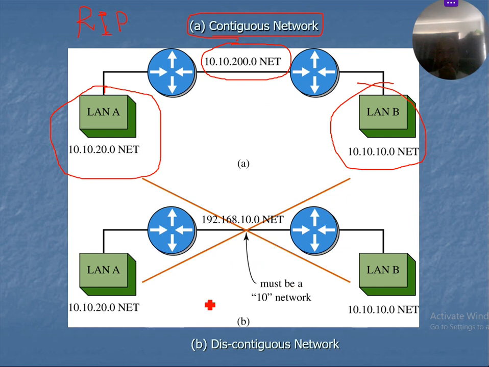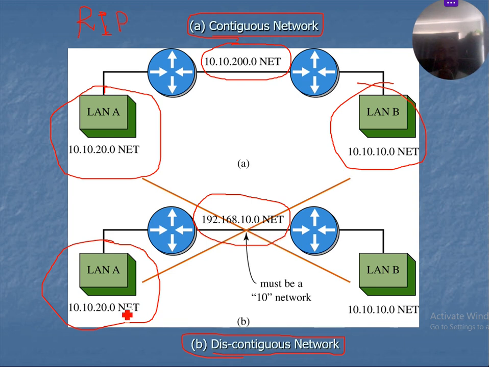Now take a look at B, the second one, the discontiguous network. You can see the IP is class C for the LAN here, 10.10.20.0 subnet, and the IP address between the two routers is in another class, 192.168.10.0.